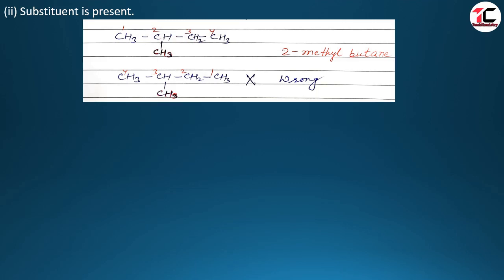If we start from this side, it becomes first, second, third, fourth, so the substituent comes in the third position, and if we start from the other side, the substituent comes in the second position. So this is the wrong way, and we will number like this.